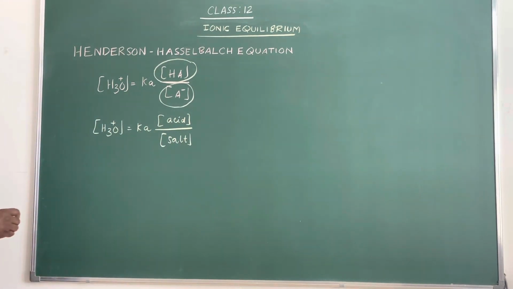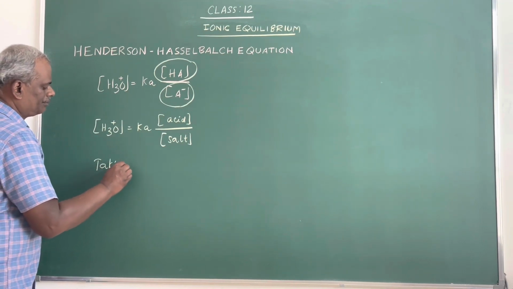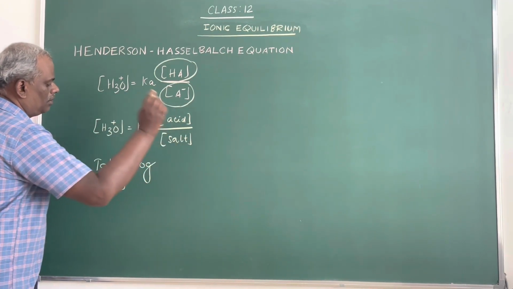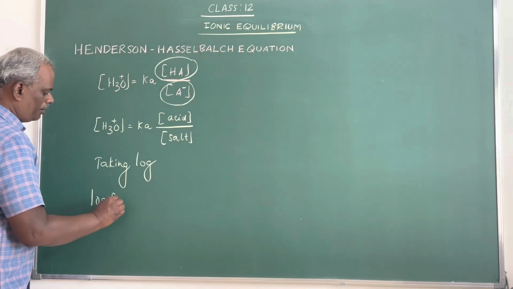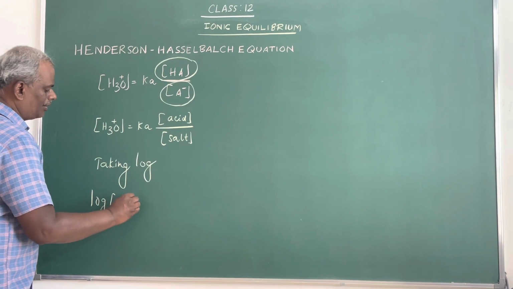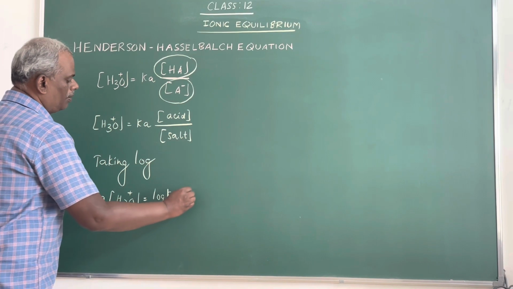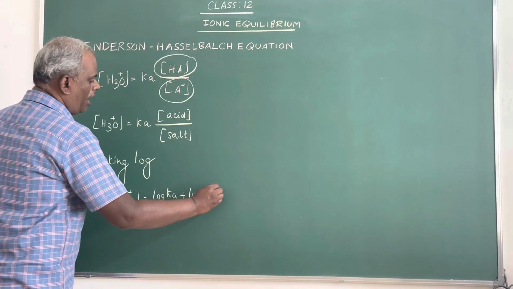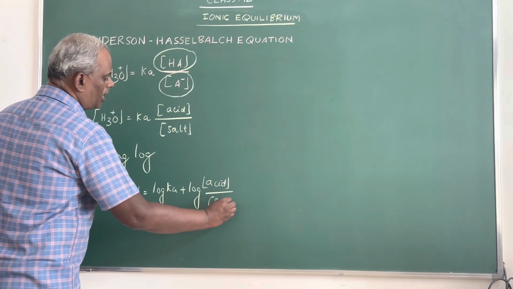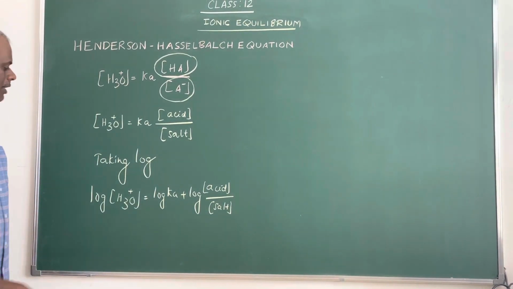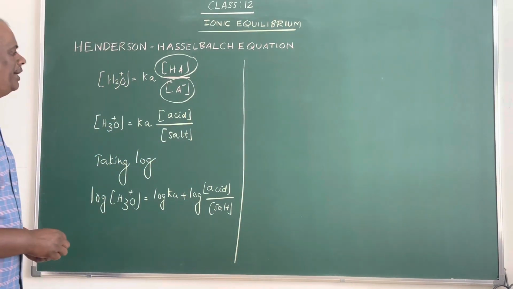After that, we are going to take the log on both sides. On taking log on both sides of the expression, we have the log of hydronium ion concentration equal to log of Ka plus log of acid concentration by the concentration of salt. After writing this expression, now we are going to change the sign on both sides.